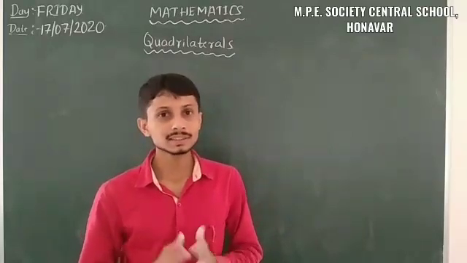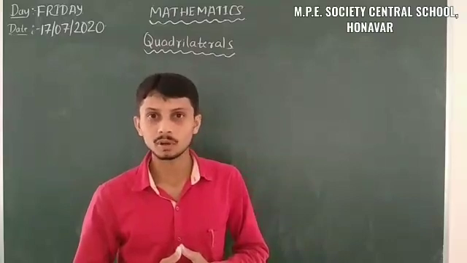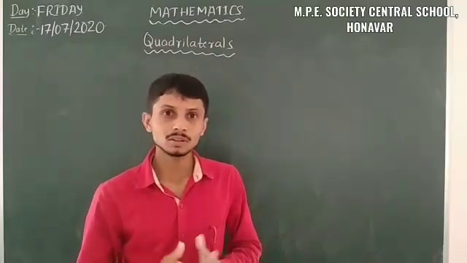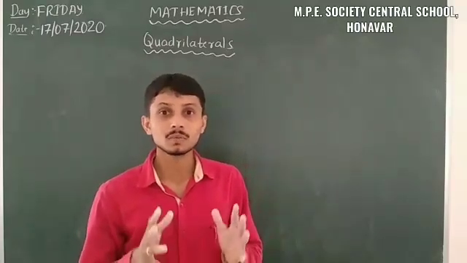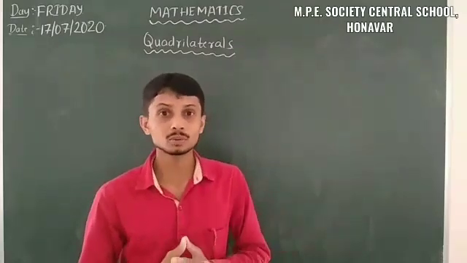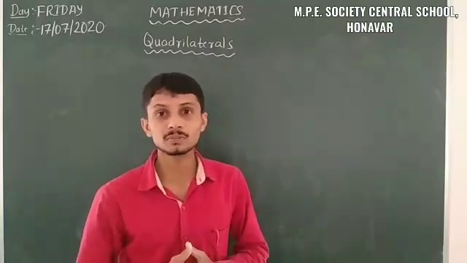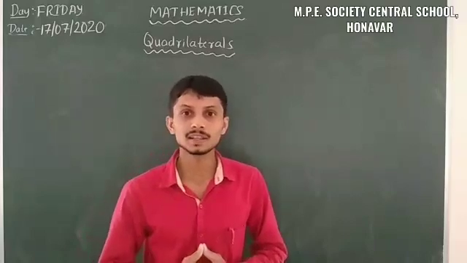So dear students, in this class we learnt about quadrilaterals and their terminologies, and some about polygons. So I conclude this part here. In the next class we have to deal with the types of polygons and how we can represent those types in the shape of figures.